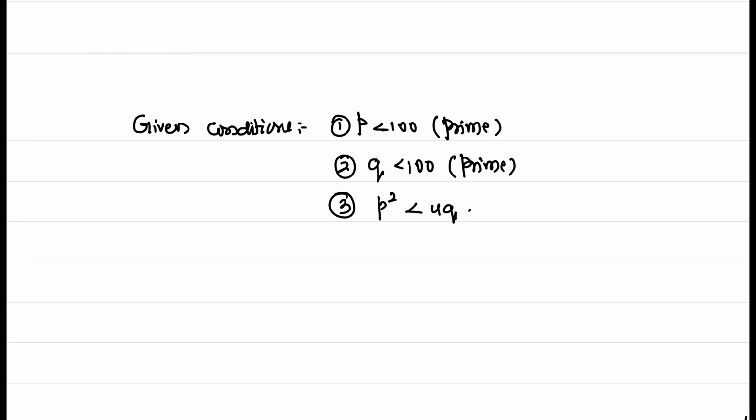Just think. 2 is the prime. 3 is the prime. 5 is the prime. 7 is the prime. 11 is the prime. 13 is the prime. 17 is the prime. 19 is the prime. 23 is the prime, and so on, up to 97.